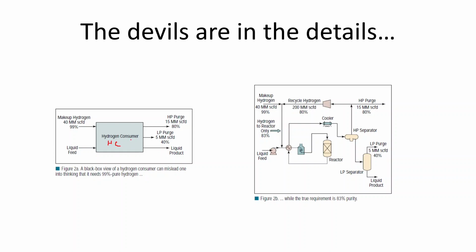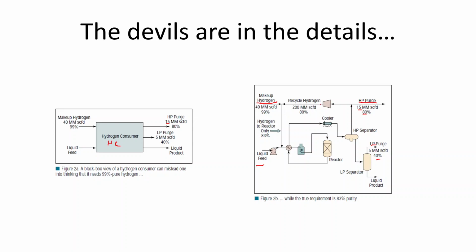If we zoom in here, we will see this kind of diagram: liquid feed, hydrogen makeup, and the purge. The high pressure purge is 15 million scf at 80%, and the low pressure purge is 40%. The one that is recycled is the one from the high pressure separator.